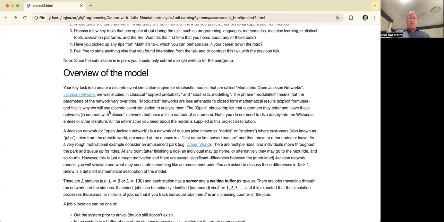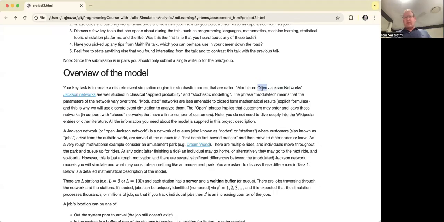All right. Now, here we go, and we describe this model that you're going to simulate. It's a stochastic model, i.e. a random model. It's called a modulated open Jackson network. A Jackson network is a well-known model of queues, a network of queues, of items that move between the queues.